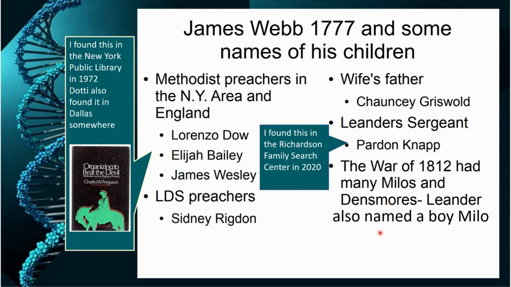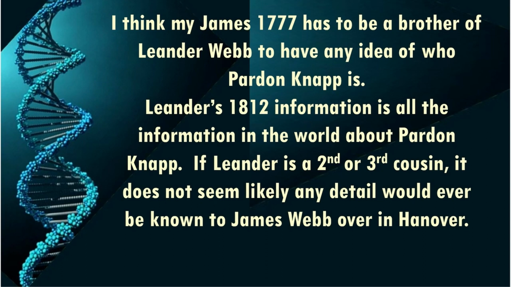I think my James 1777 has to be the brother of Leander Webb, the older brother, okay? To have any idea of who Pardon Knapp is. Leander's 1812 information is all the information in the world about Pardon Knapp.